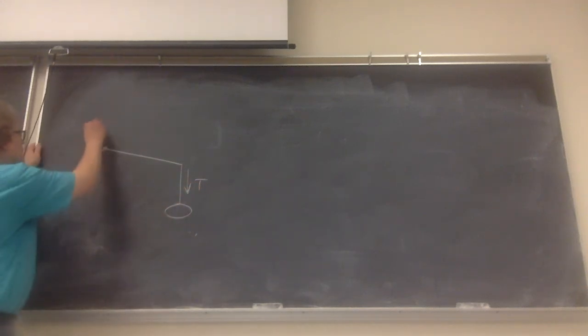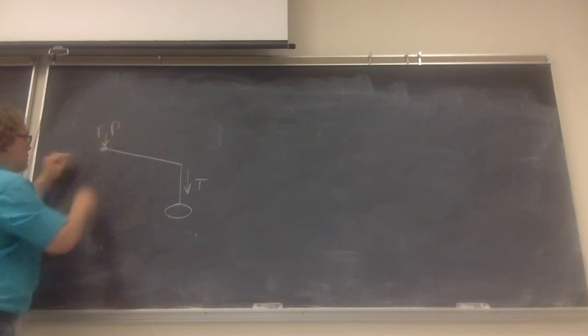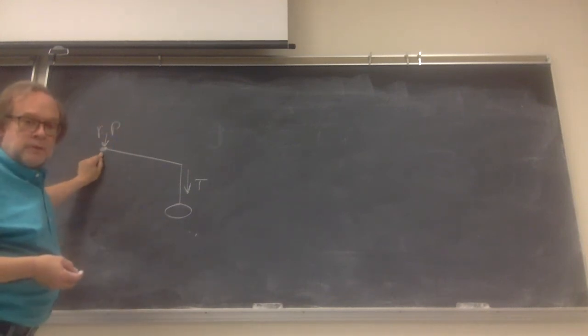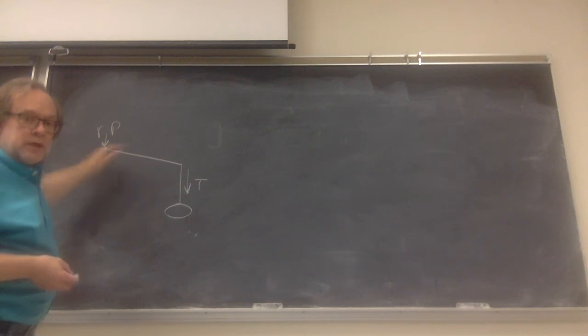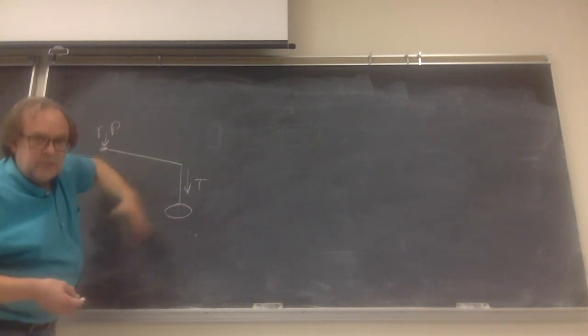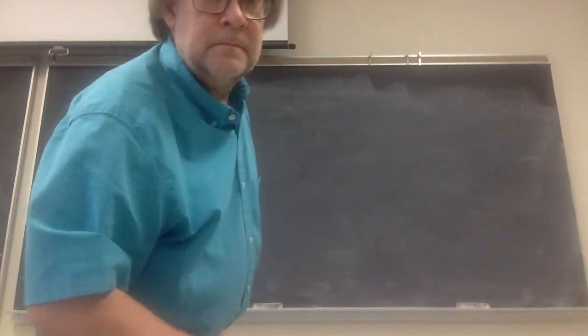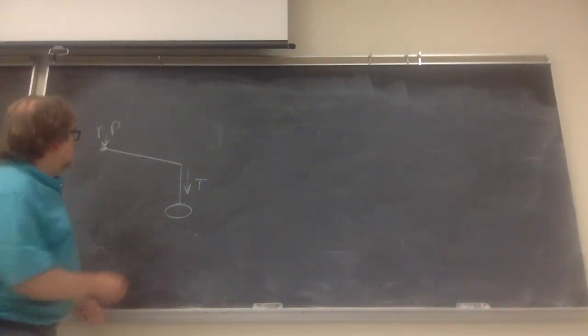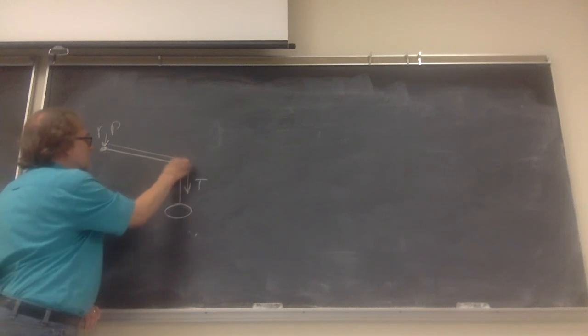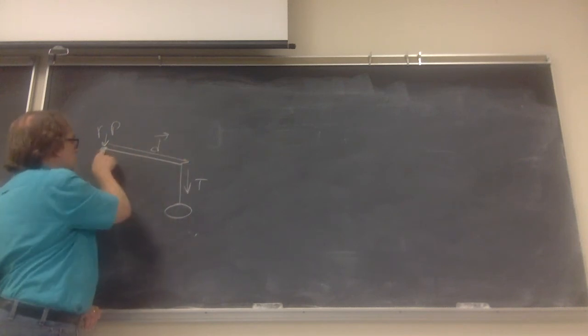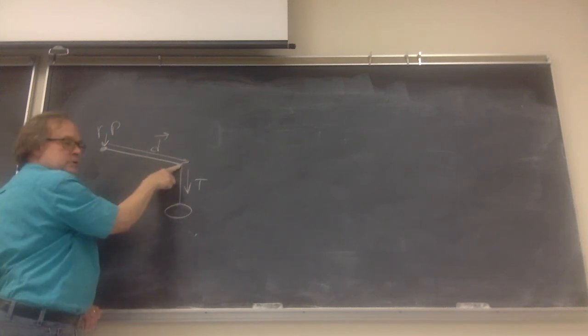Well, make this the reference point, because if the stick were to rotate, you can easily think of it as rotating about that point. So we'll say that there's the displacement vector that takes us from the reference point to the point where the force is applied.